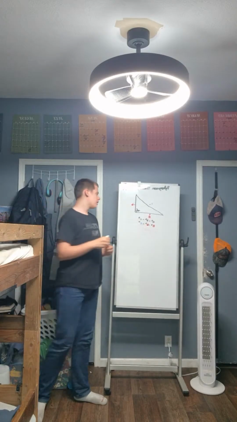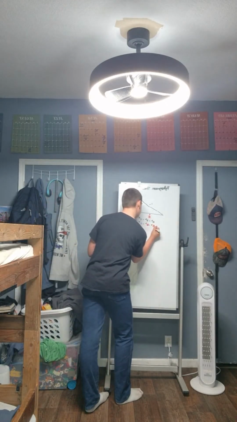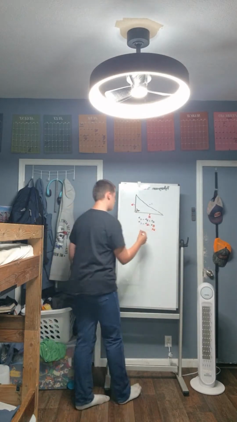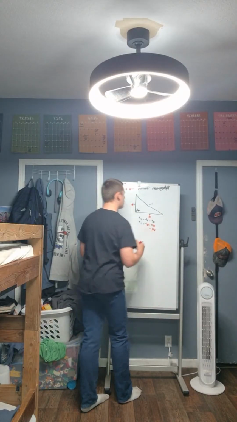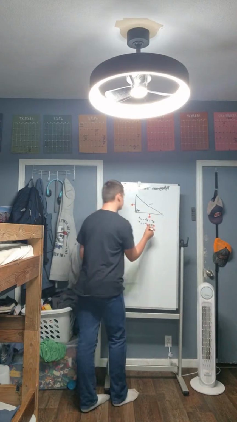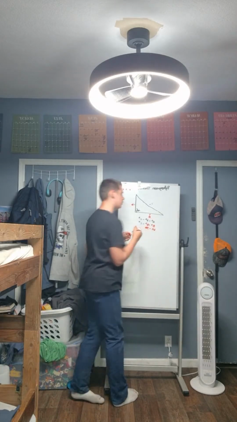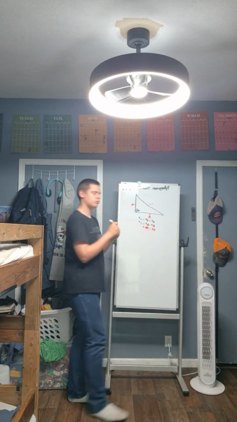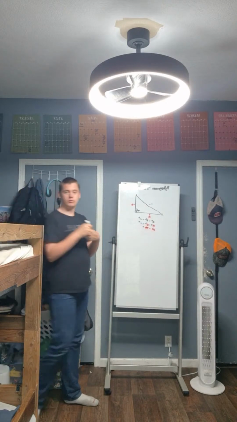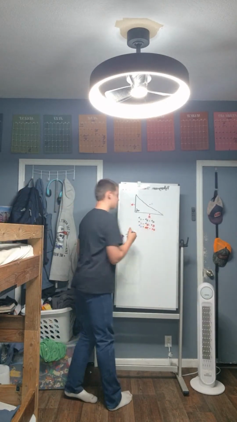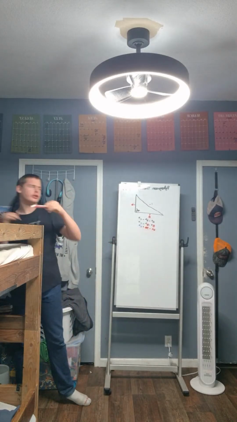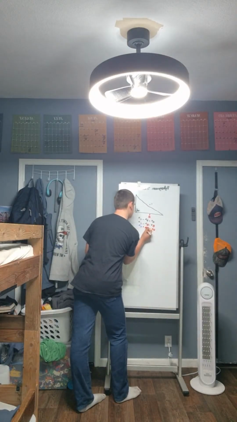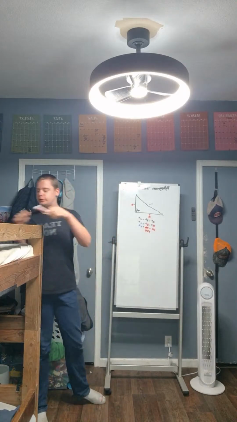So now I have 64, because 8 squared is 64. And now we add 6 squared. What is 6 squared? 36. Equals c squared. What's 64 plus 36? 100. So 100 is equal to c squared.